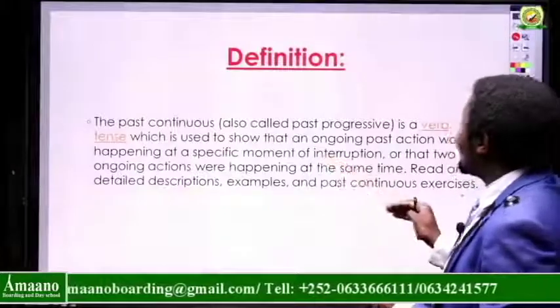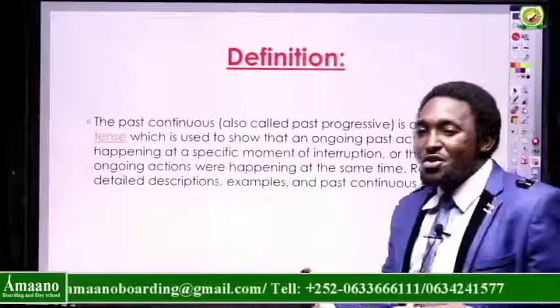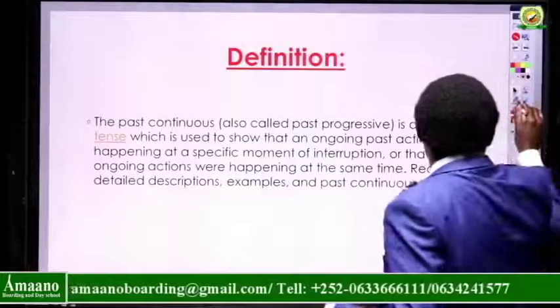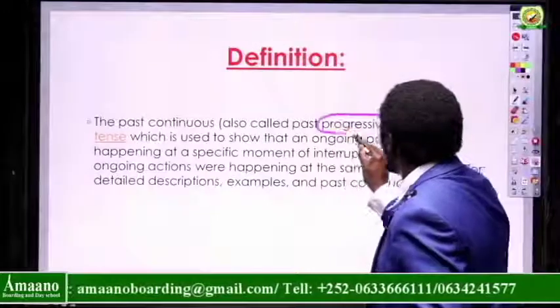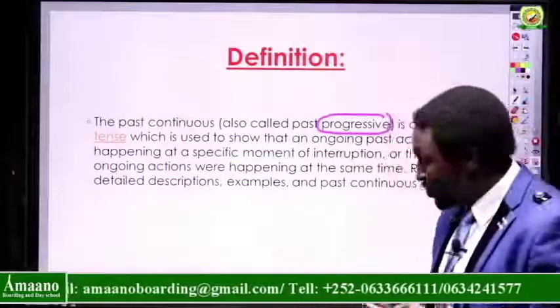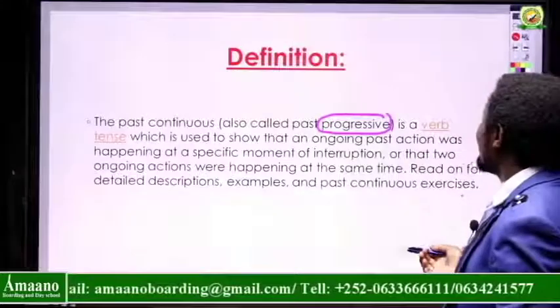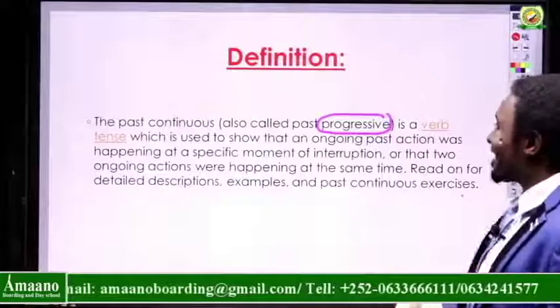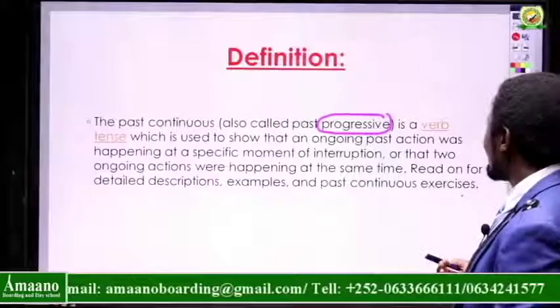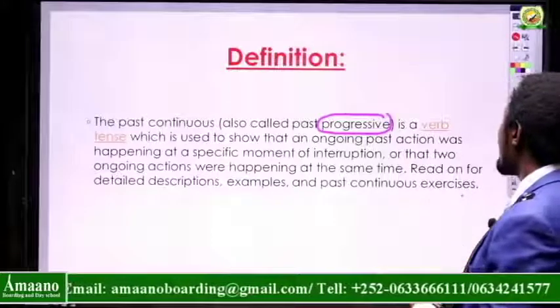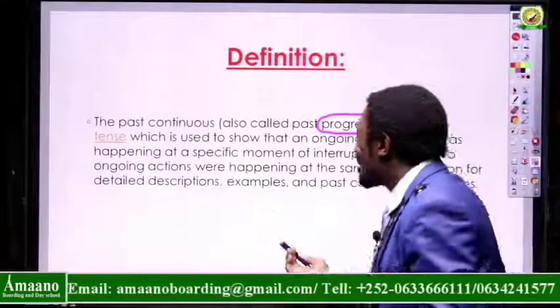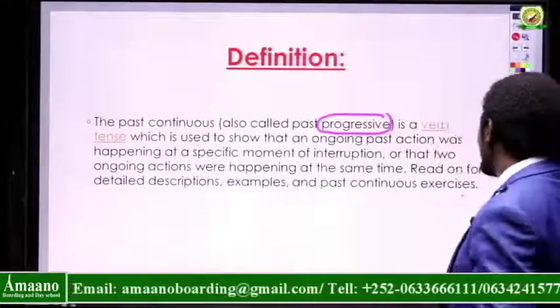The past continuous, also called past progressive. Remember, progressive means continuing. It is a verb tense which is used to show that an ongoing past action was happening at a specific moment of interruption, or that two ongoing actions were happening at the same time.